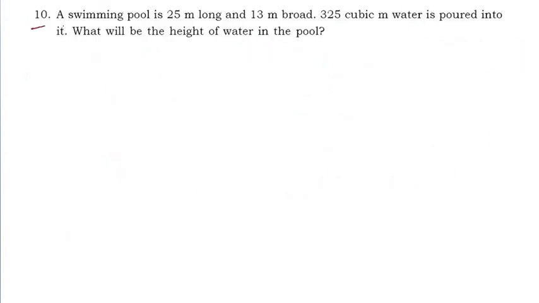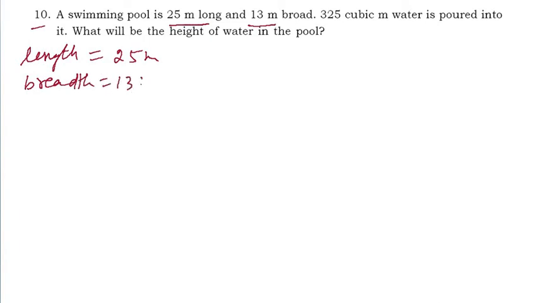Now come to the 10th question. A swimming pool of 25 meter long. So you can write the length of swimming pool, that is 25 meter. And 13 meter broad. So that is the breadth, it is given here as 13 meter.